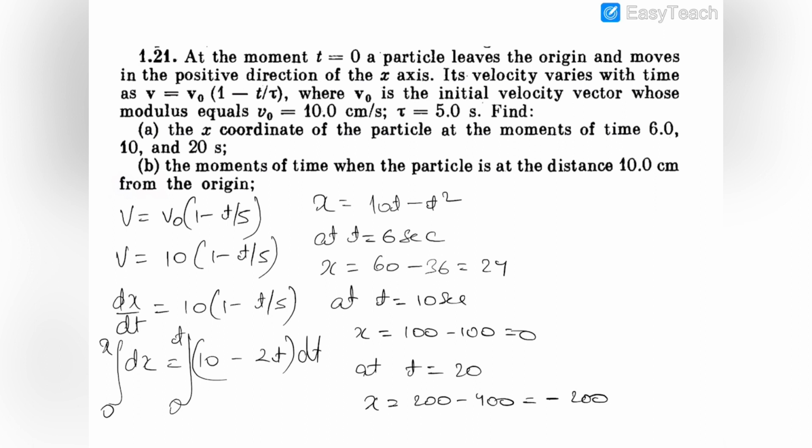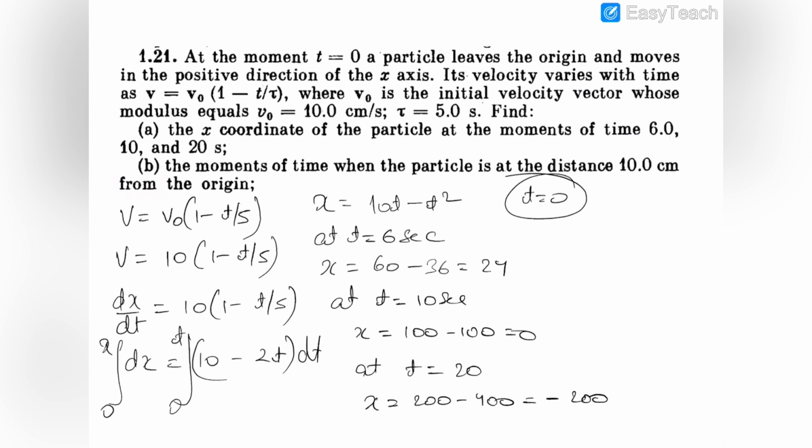Okay, and now for the moments of time when the distance of this particle is 10. First of all, let us see that at t is equal to 0, x was 0. So the x coordinate of the particle at 6 seconds would be 24, at 10 seconds would be 0, and at 20 seconds it would be minus 200.